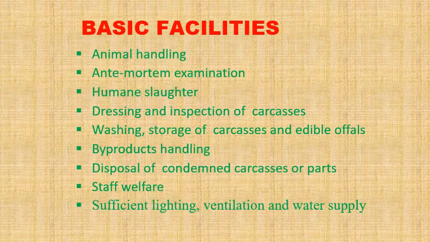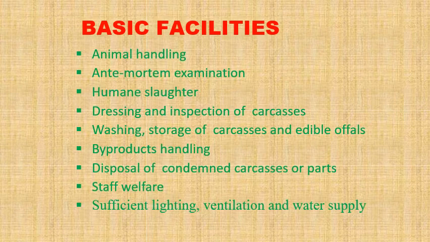Then washing, storage of carcasses and edible offals. After the inspection is over, when the carcass and organs are passed, the edible organs should be properly washed and they should be stored in respective chill storage area for carcass and edible offals.